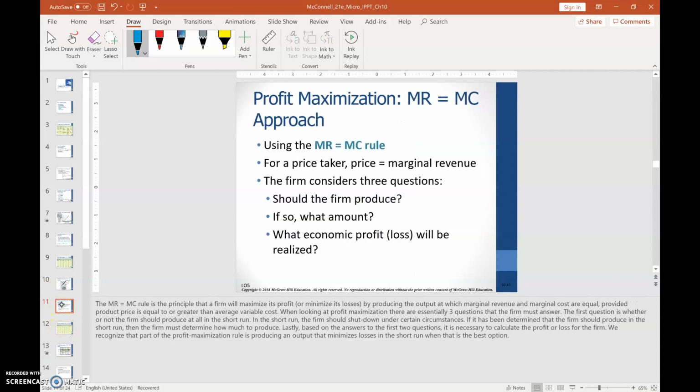Now let's look at the second approach of profit maximization. That is the MR equal to MC rule. That means the marginal revenue will be equal to the marginal cost of production, and at that point the firm will determine the output level.